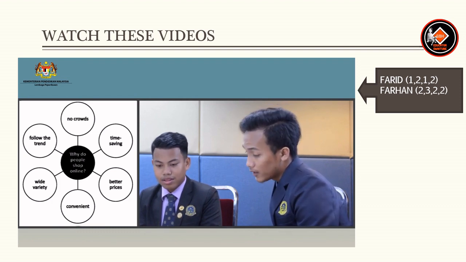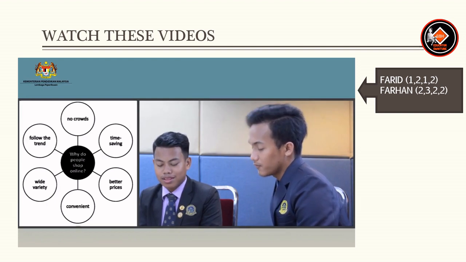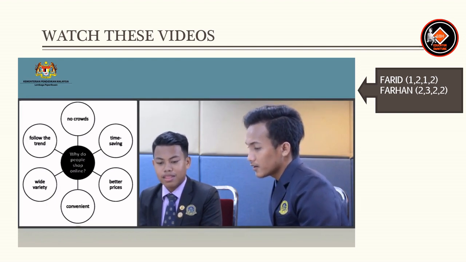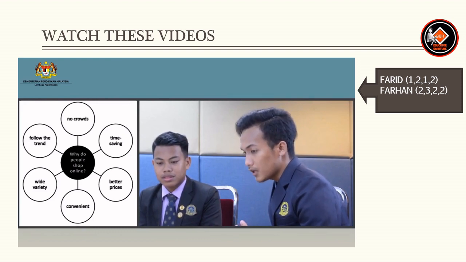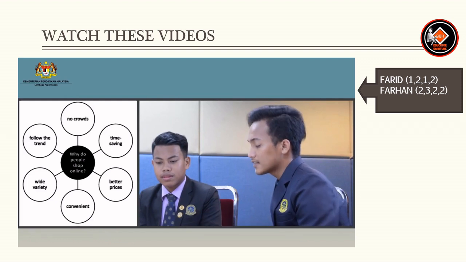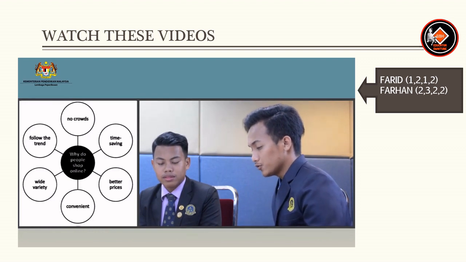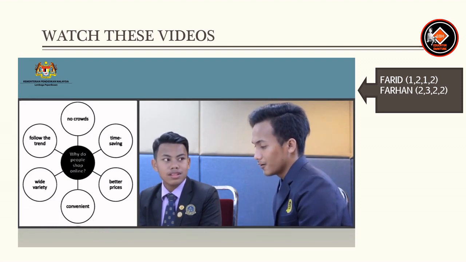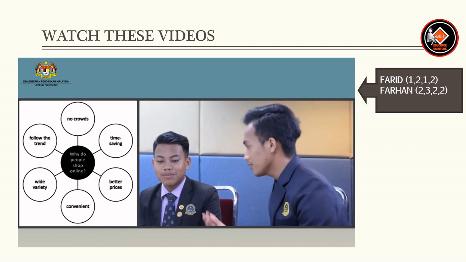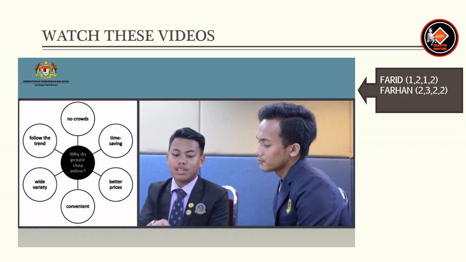Why people shop online? Because they follow the trend. In online shops like Shopee, like Zalora, these websites always follow the trend, like shirts, shoes. And the last point is wide variety.